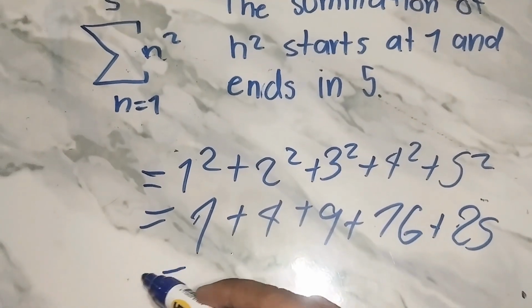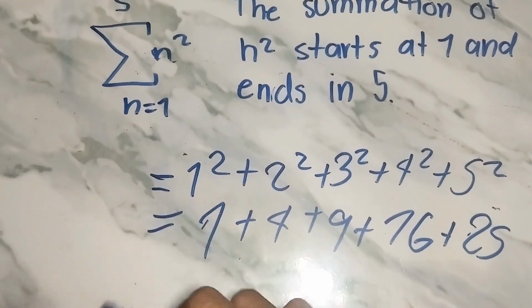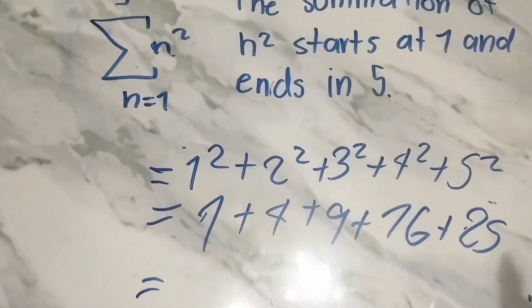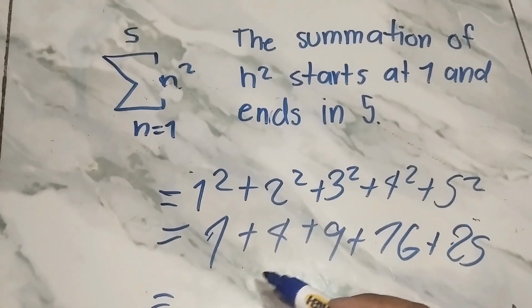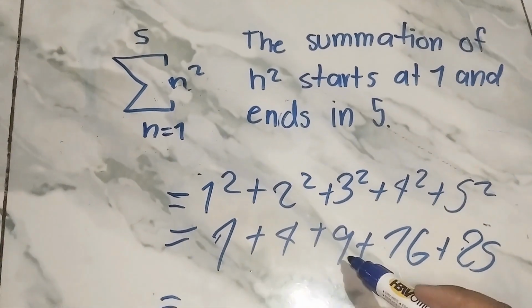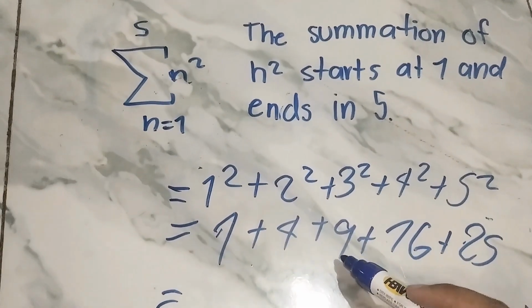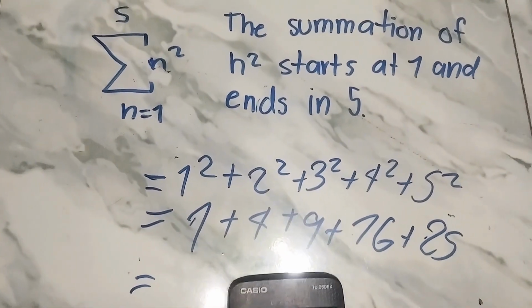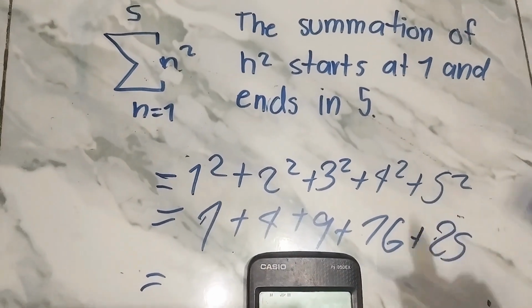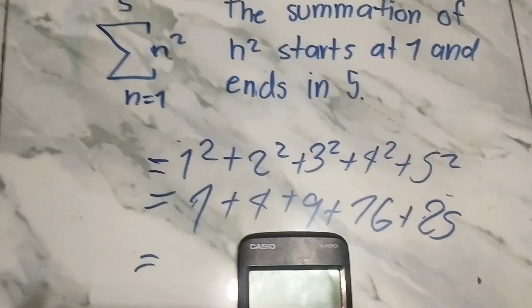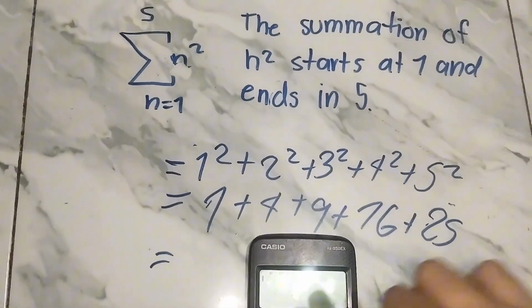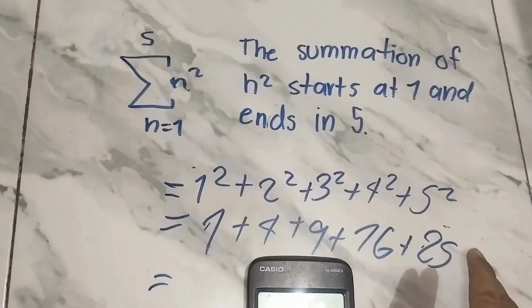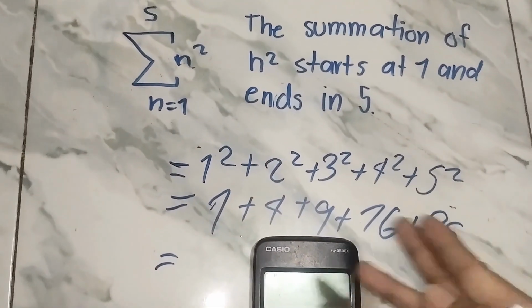So we're going to sum this all up. 1 plus 4 is 5, plus 9 is 14. We're going to use a calculator. Mind me, I'm just using a calculator so it would be faster, but you can do this manually so that you can master it also.